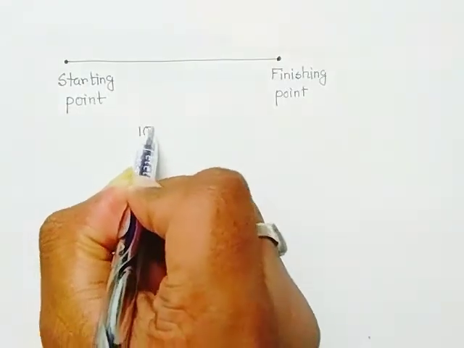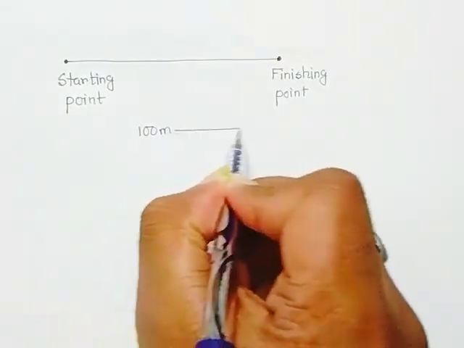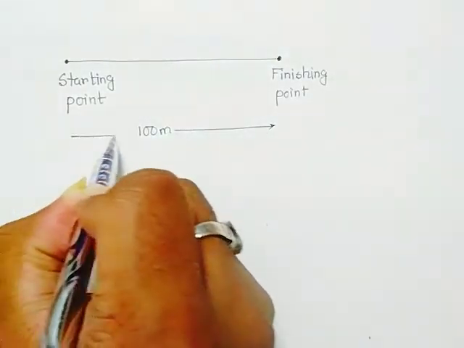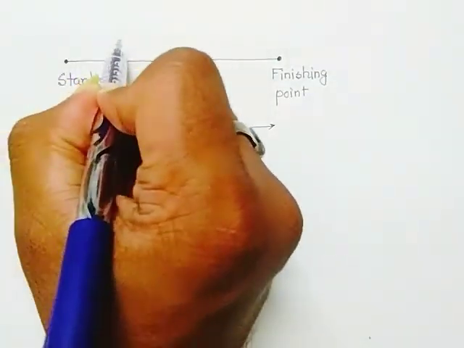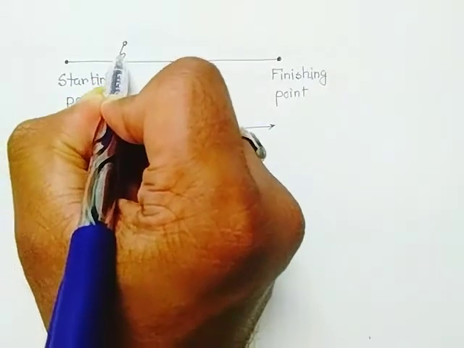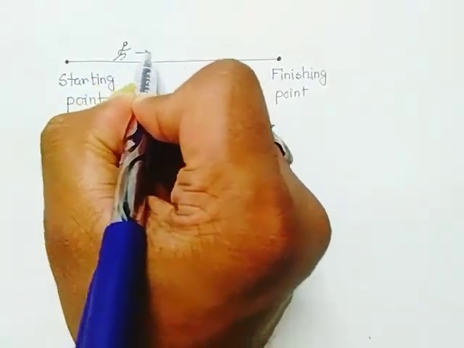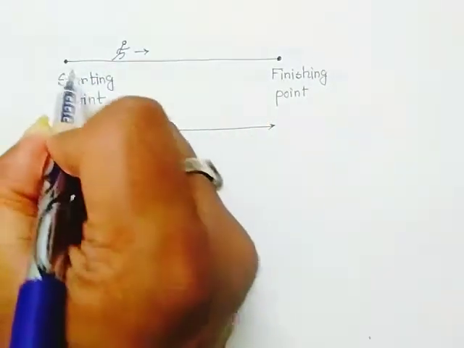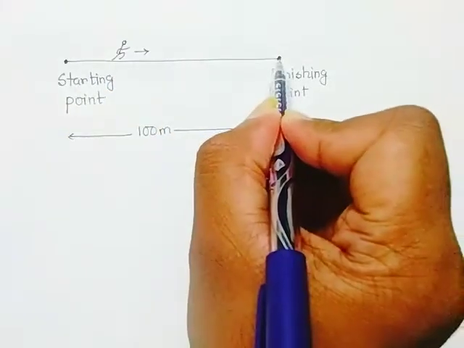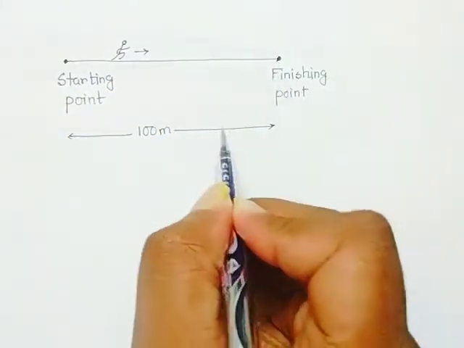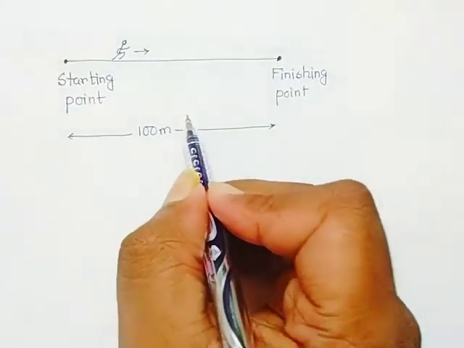It is a 100-meter racing track, and this is the finishing point. If an athlete is running in this direction, he starts from the starting point and tries to finish the race after covering this 100 meters.